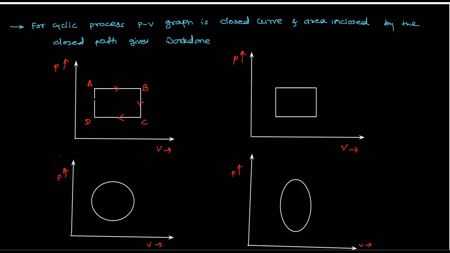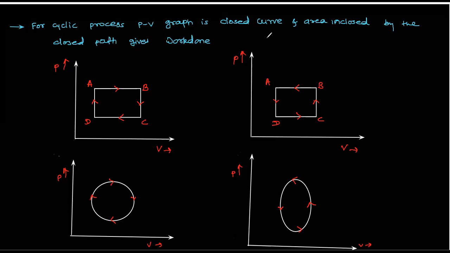This is clockwise, and here I am taking anti-clockwise. Here also I am taking clockwise, and this one anti-clockwise. It may be a rectangle, a square, or whatever it is.